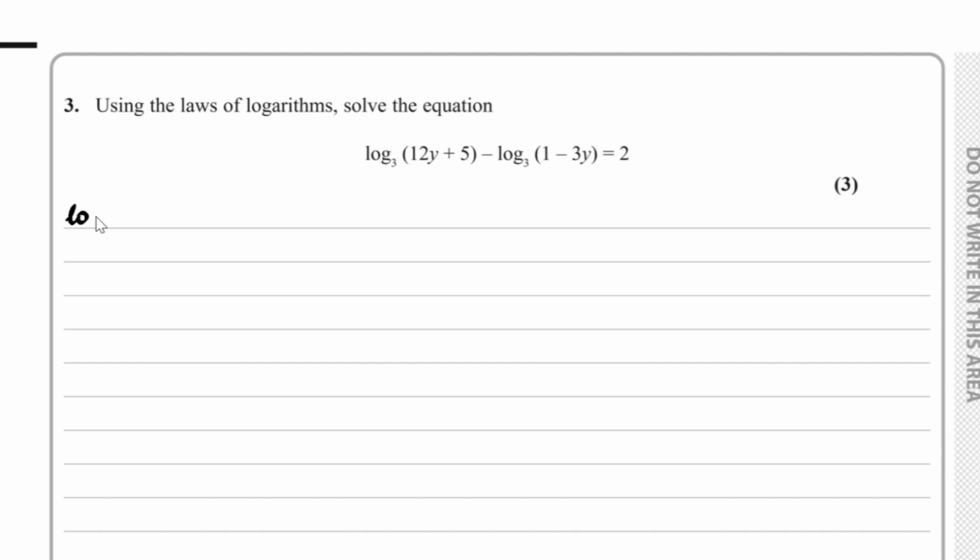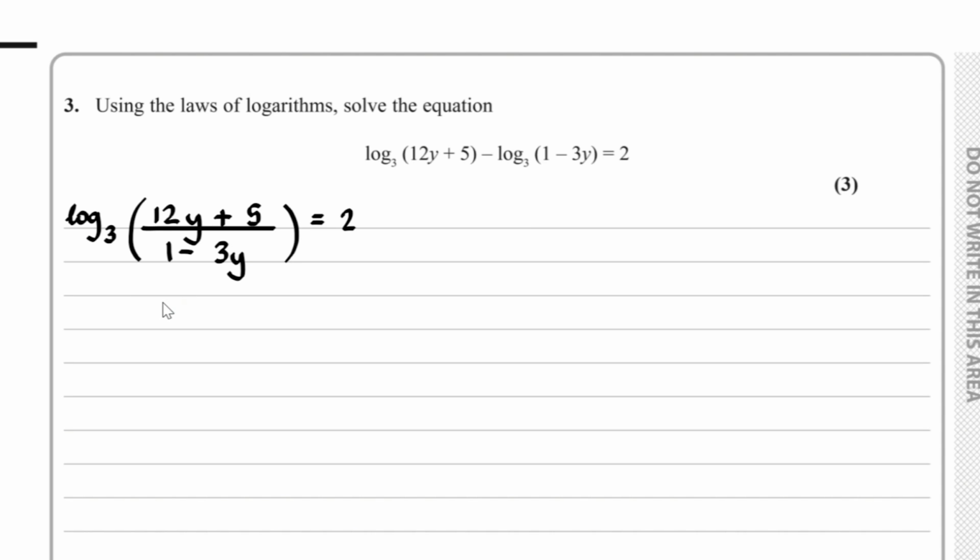Doing so, we have log base 3 of 12y plus 5 over 1 minus 3y. And this is equal to 2.